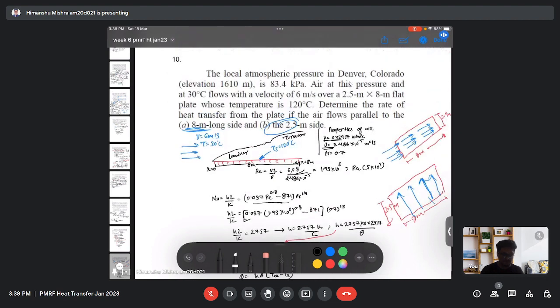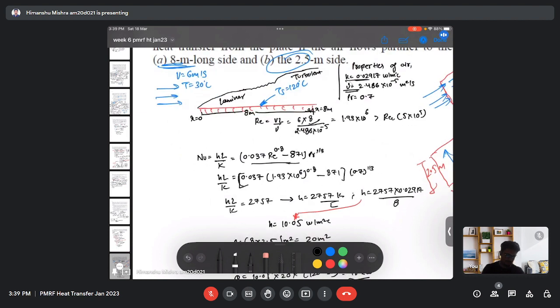So in this question, we have given a flat plate boundary layer flow, or the external flow. We have given the dimension of the flat plate and the incoming property of the flow, like velocity and temperature. So we first found the Reynolds number to determine whether the flow is laminar or turbulent, and we use the suitable correlation for the Nusselt number to find the heat transfer coefficient and then heat transfer.